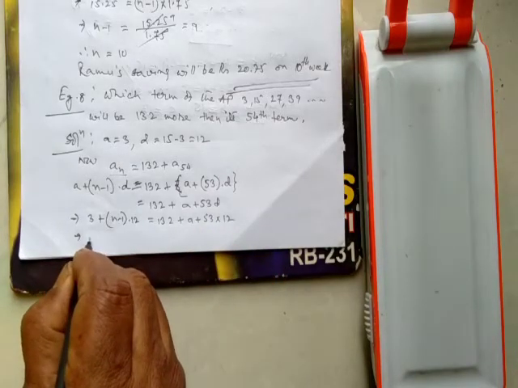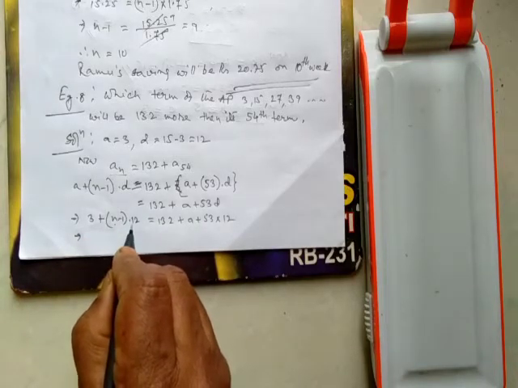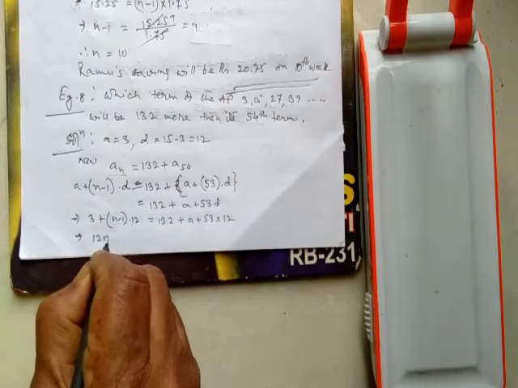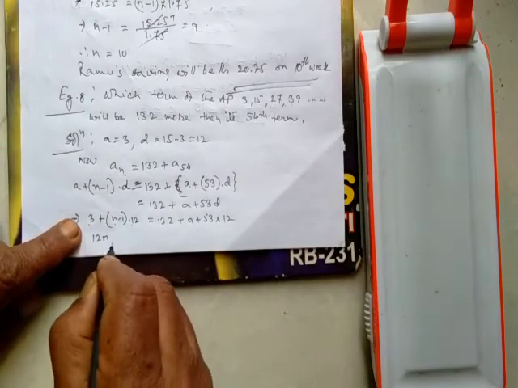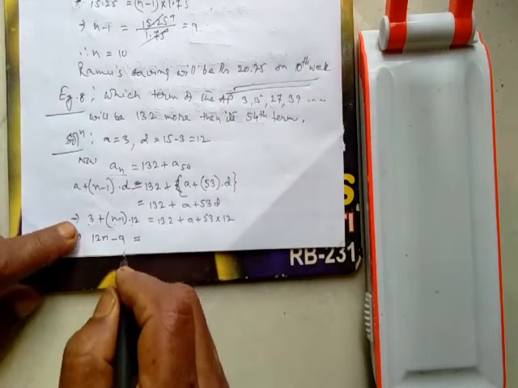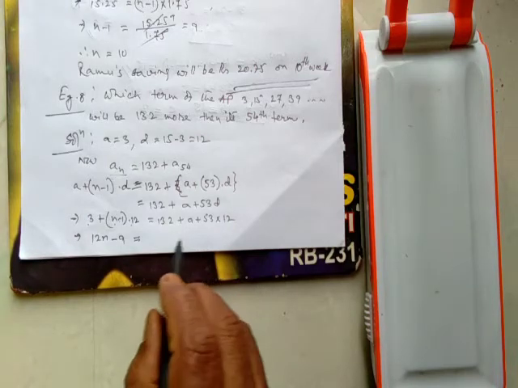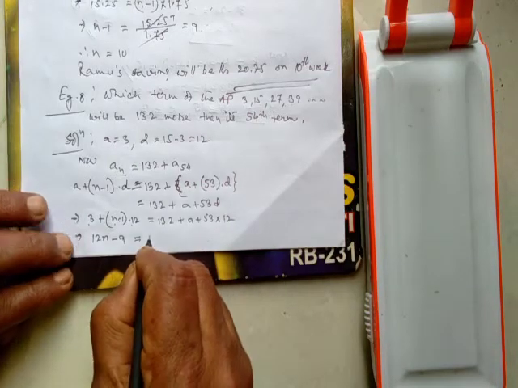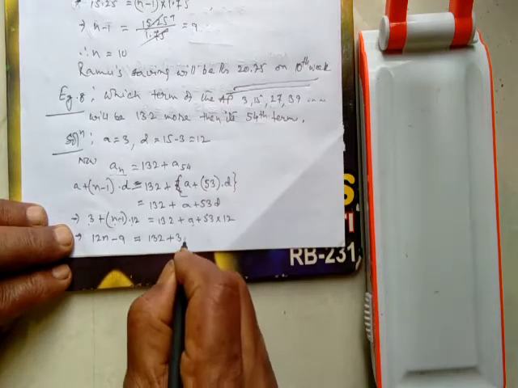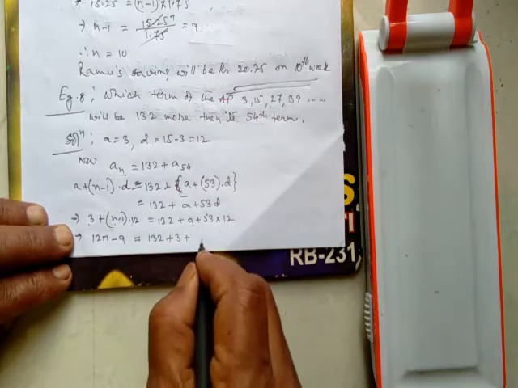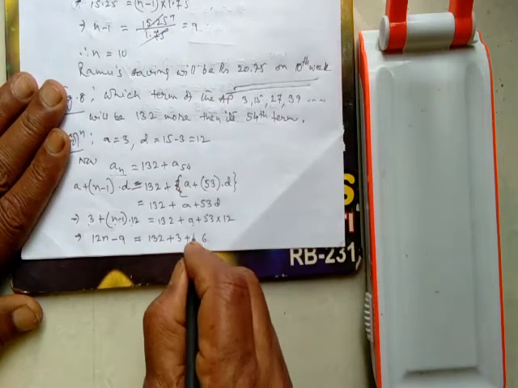This implies 12n minus 12 plus 3 is minus 9 is equal to 132 plus A, which is 3 plus 12 3s are 36, balance 3, 12 5s are 60, 63.